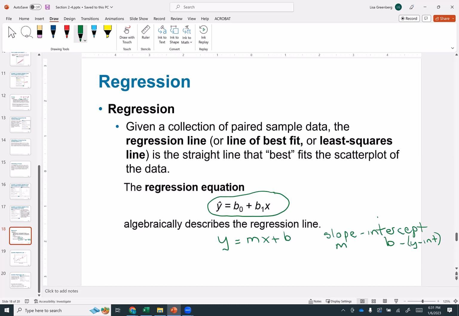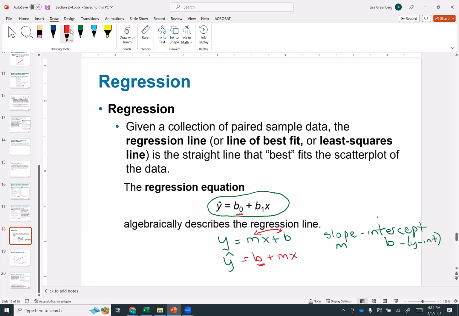We call this y hat because we're approximating. It's not an actual definite value. I'm taking y and making it y hat, and I'm changing the order of these two values. I'm going to put b first, plus mx.